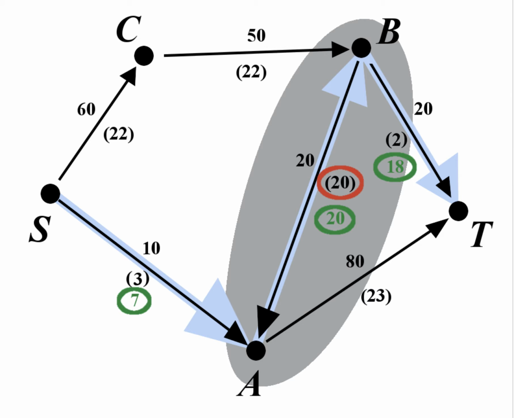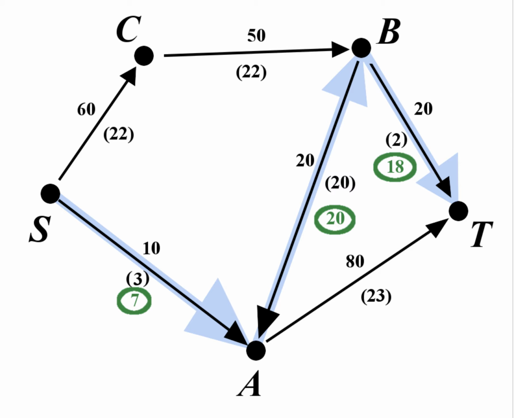Some edges can have residual capacity in the opposite direction. And now let us find the tolerance of this augmenting path. The tolerance is the smallest of these green numbers, and it is 7 in this case. We will now send 7 snails from S to T along this path S, A, B, T. So we must now calculate the number that corresponds to the edge from B to A.